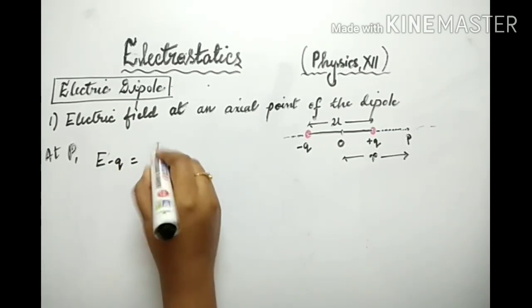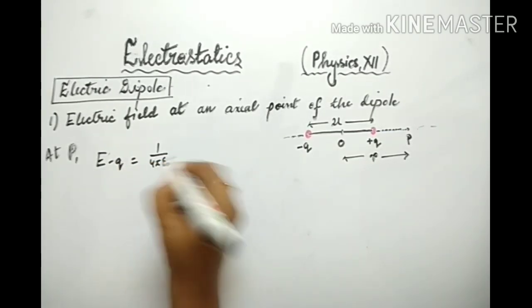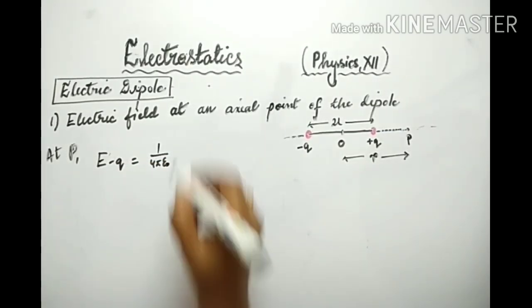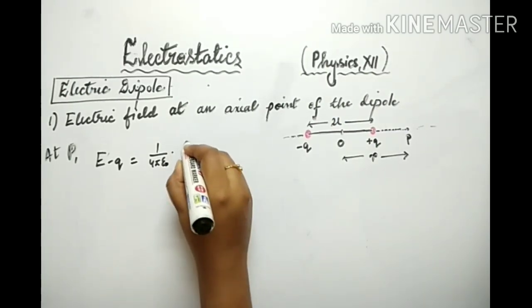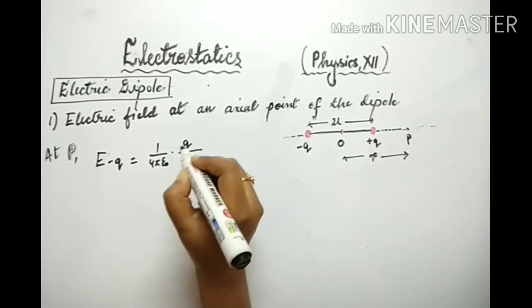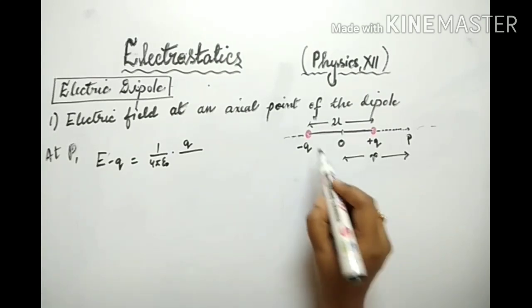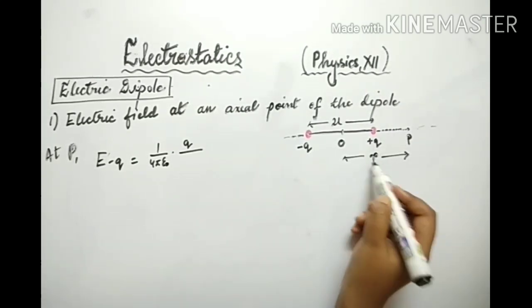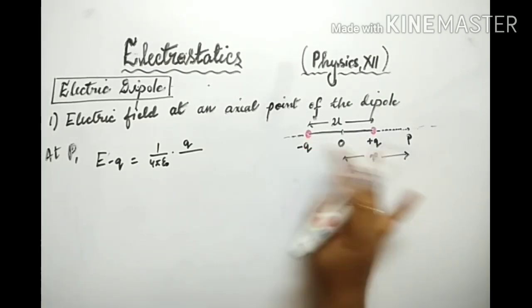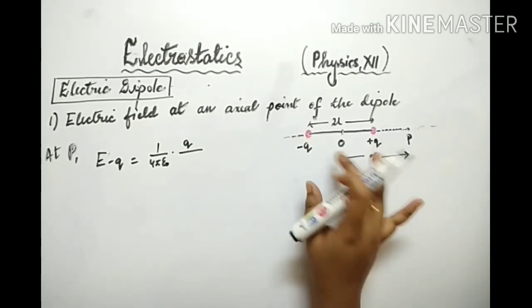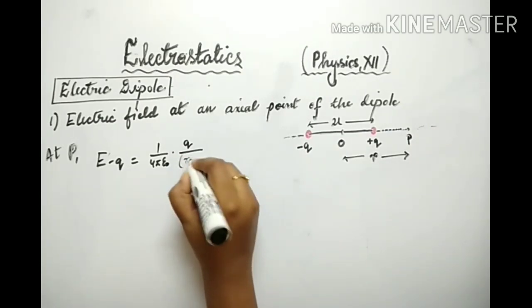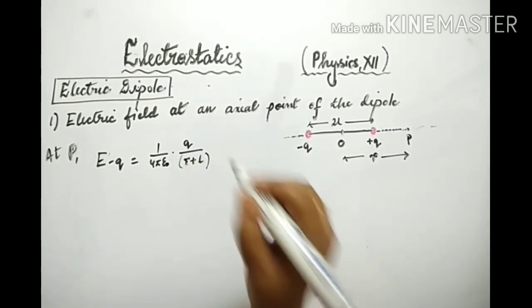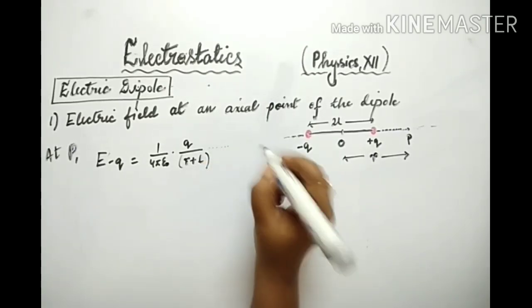It will be 1 by 4 pi epsilon naught, we know the normal formula, q by r squared, distance squared. Now how far is the distance of minus q from P? If this distance is r, and if you break it into two parts, L and L, it will be r plus L.